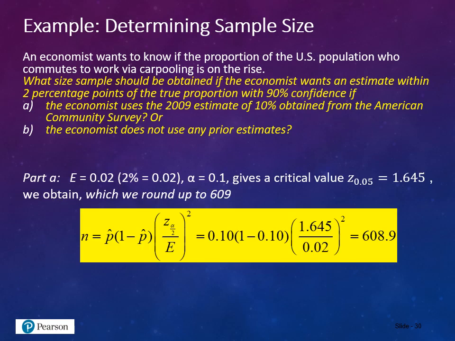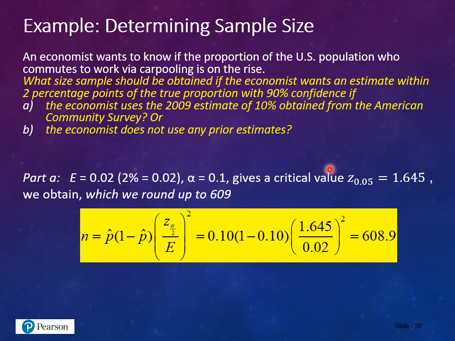So for part A, we can see the error is 0.02. They want an estimate within 2 percentage points, so that's your margin of error. Our alpha is 0.1 because we're looking for 90% confidence, so alpha is 1 minus the confidence. 1 minus 0.9 gives us 0.10.